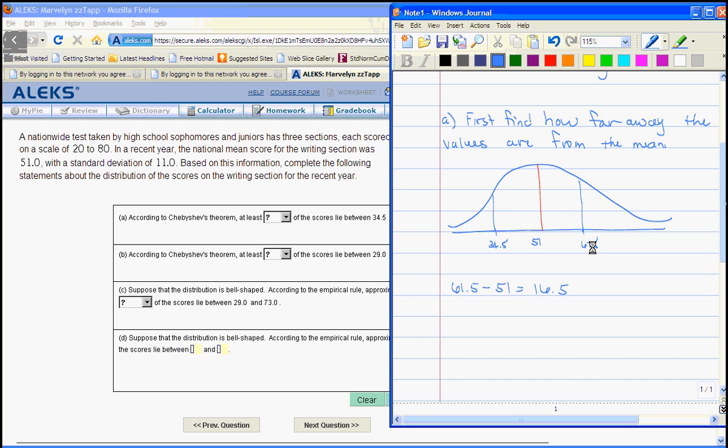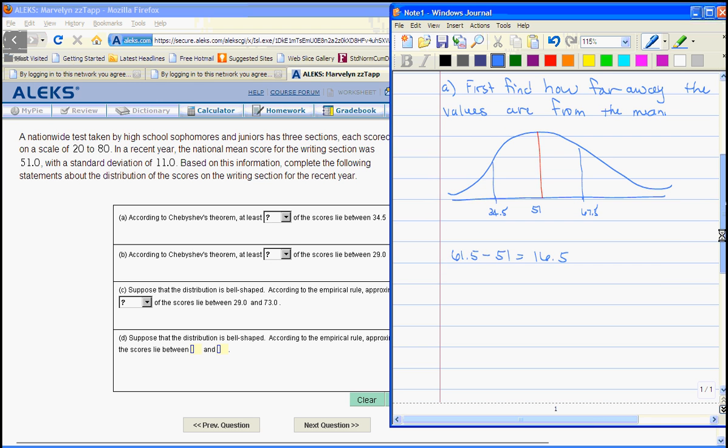Now that's the raw difference between the mean and this upper score. But what I'm really interested in is how many standard deviations that is. So to find the number of standard deviations, divide by the given standard deviation.